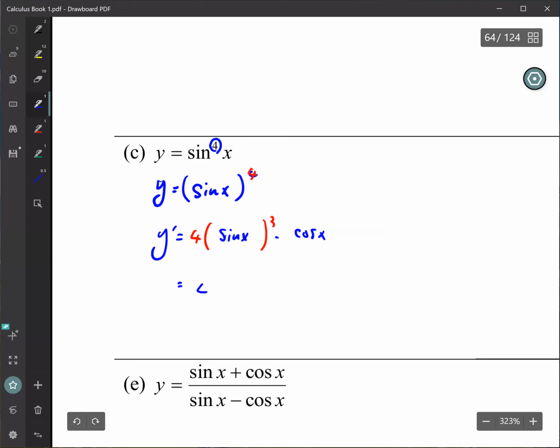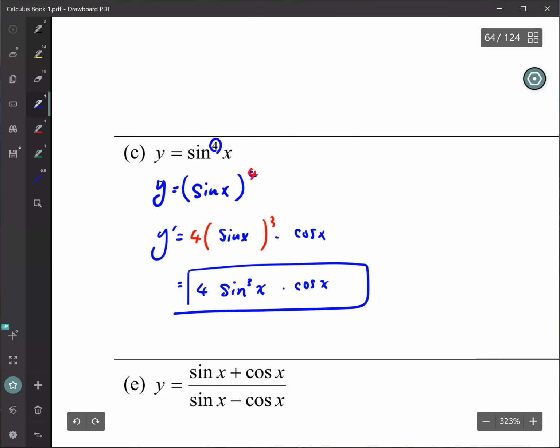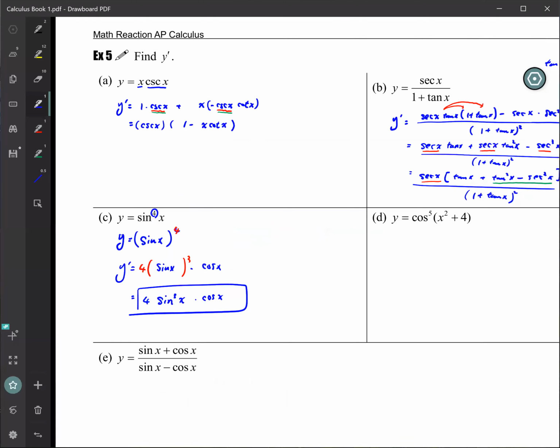But of course, you can rewrite it so it doesn't need the brackets. You can put a cube on top of the sine. With the brackets, you can see the outside and inside. So this is your final answer. Okay, please try question D and raise your hand if you finished.